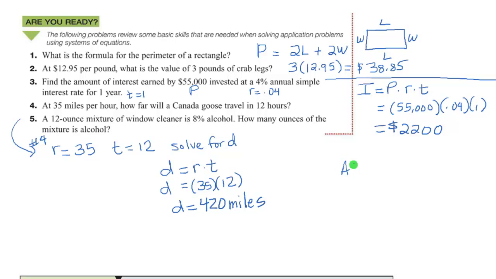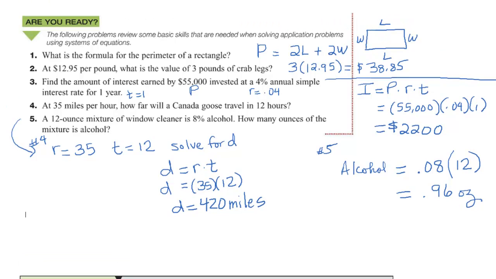So the alcohol, this is number 5, equals 8%. Let's put that as a decimal, of, which is multiplication, 12. So then we go ahead and multiply that, and we get that 0.96 of an ounce is alcohol.